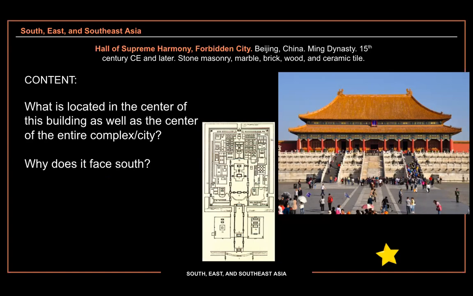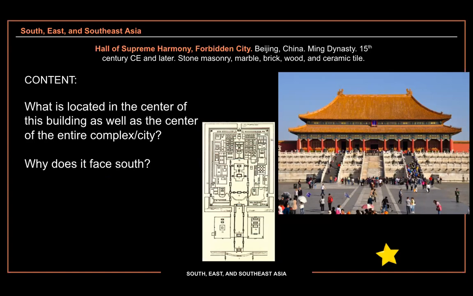We looked at Beijing on the map, and it's pretty far north, isn't it? So this is looking at everyone. So the emperor, when he sits in his throne, which is behind the central doorway, he can face and see all of his territory. Now, symbolically, because he can't see all of it, he can't see all of China.